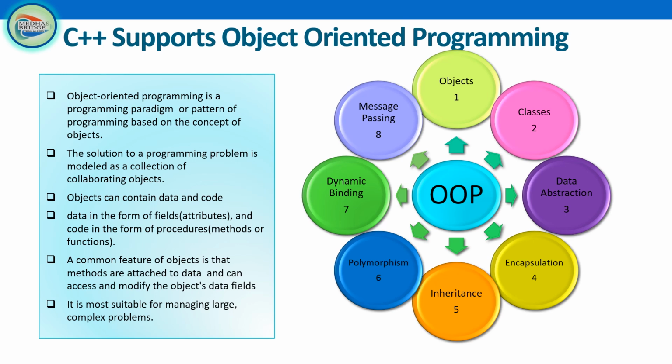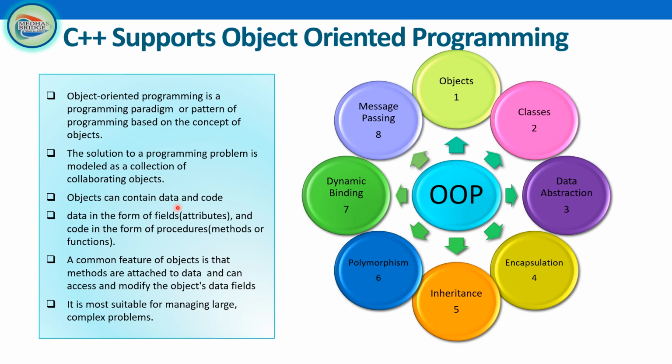C++ supports object-oriented programming. In an object-oriented program, we studied objects, classes, data abstraction, encapsulation, inheritance, polymorphism, dynamic binding, message passing, isn't it? Object-oriented programming is a programming paradigm or pattern of programming based on the concept of objects. The solution to the programming problem is modeled as a collection of collaborative objects.